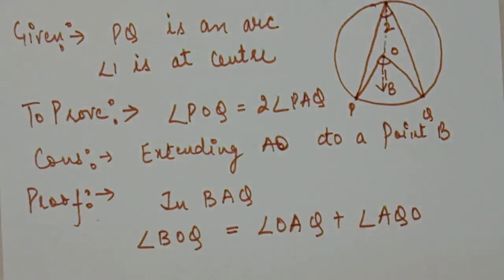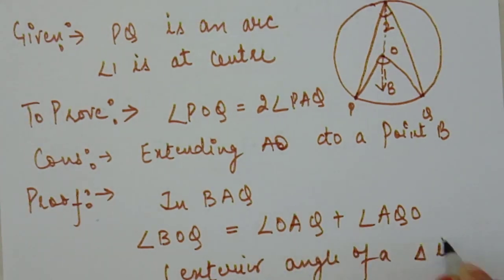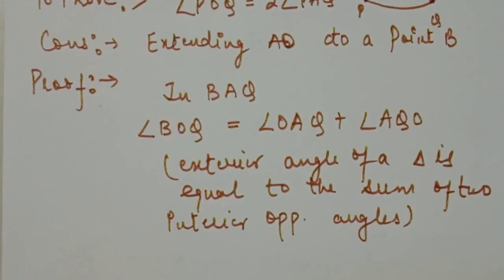Correct? What is the reason? Because the exterior angle of a triangle is equal to the sum of the two interior opposite angles. We know that this is the exterior angle property.